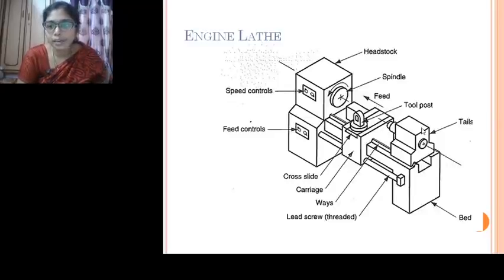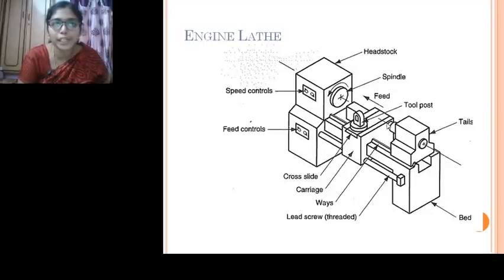And then we have the tailstock. The main use of tailstock is for larger length workpieces. If the length of the workpiece is very large, then this tailstock will be acting like a support to the large workpieces. Whereas it can also be acting like a centering point.